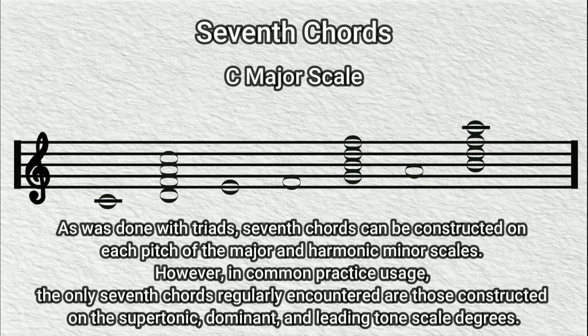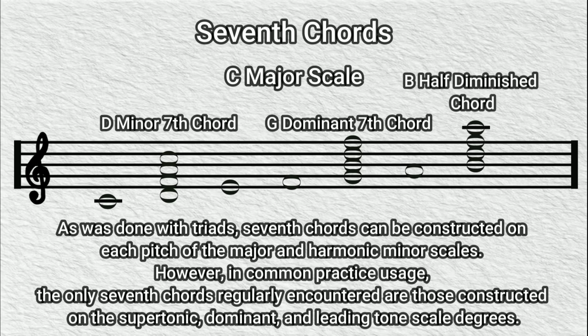As I mentioned, the 7th chords are usually constructed on the supertonic, dominant, and the leading tone. So on the supertonic, we add that 4th note, which in this case will have a D minor 7th chord. The dominant will get us the dominant 7th chord after adding the 4th pitch on top of the regular triad. The leading tone will get us a half diminished chord when adding the 4th note on top of the regular triad.